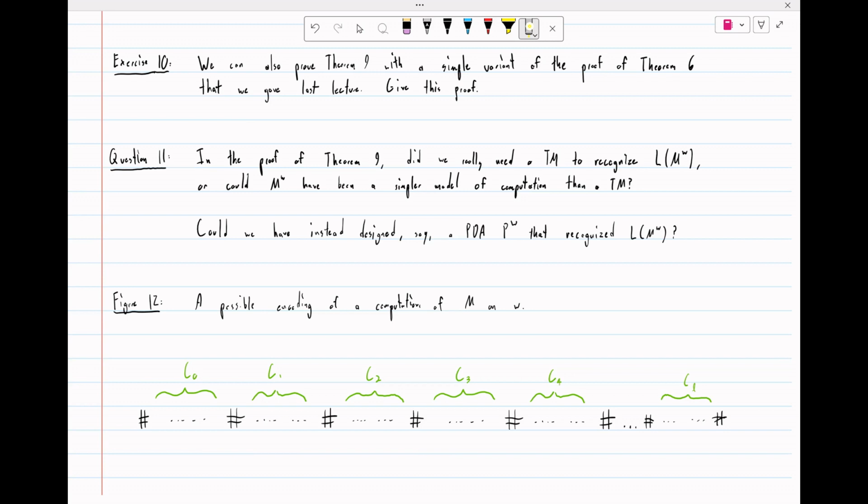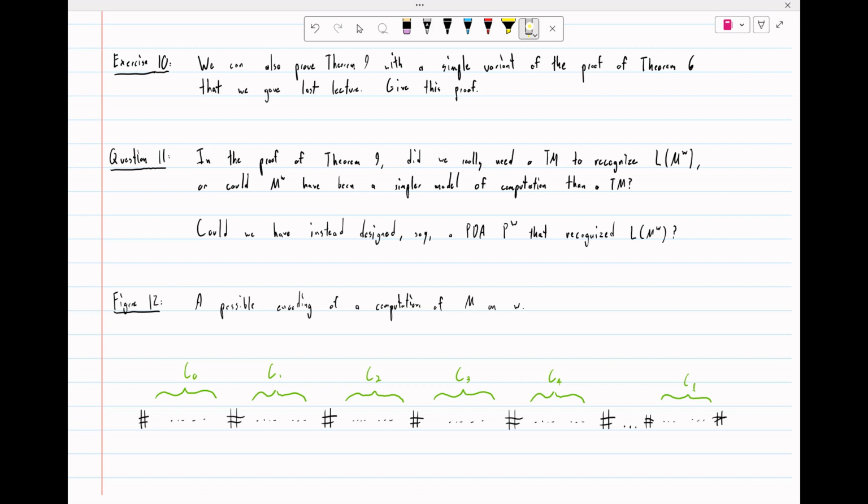So, this isn't the starting configuration, I accept. Maybe C3 doesn't follow from C2, I accept. And it can check all of these things up to the final test to see if that contains Q accept.